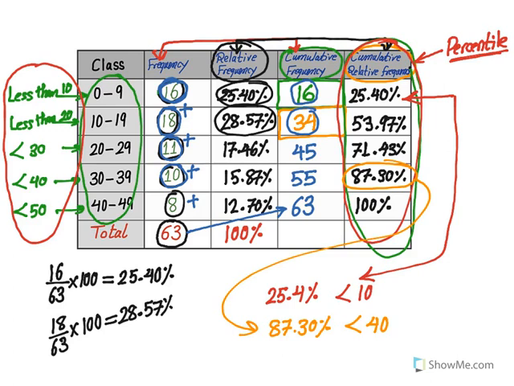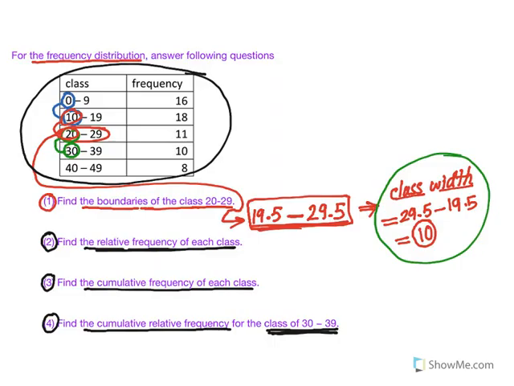So if we go back to the question, you can see that we have solved 1, 2, and 3, and we solved 4 in detail. We did all of them, but they asked you to do it for the class 30 to 39. What is the cumulative relative frequency for this class? This is the same as asking what is the cumulative relative frequency of being less than 40.